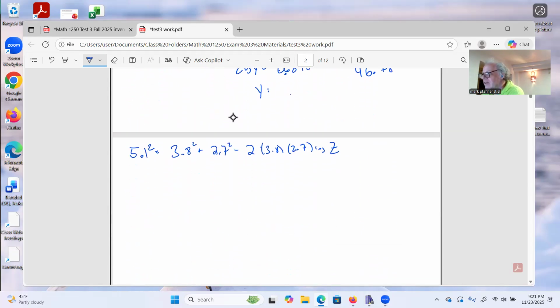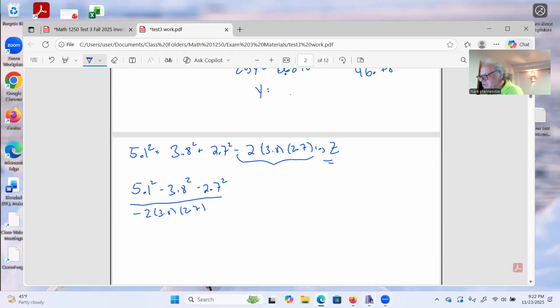And we're going to solve for cosine of z. So we have 5.1 squared minus 3.8 squared minus 2.7 squared, all divided by negative 2 times 3.8 times 2.7 on the bottom, because we're dividing by all of this business right here and putting it on the bottom.